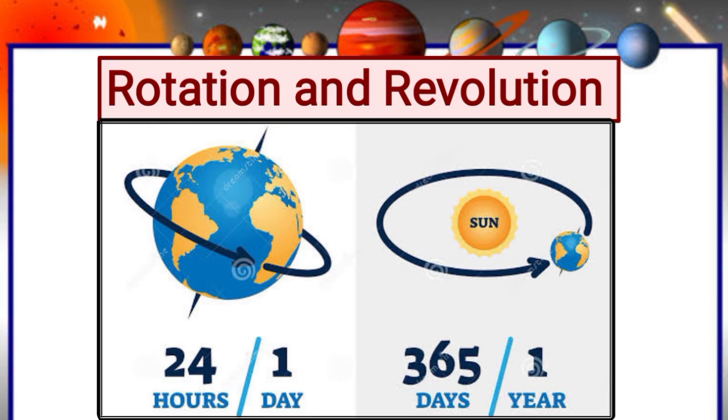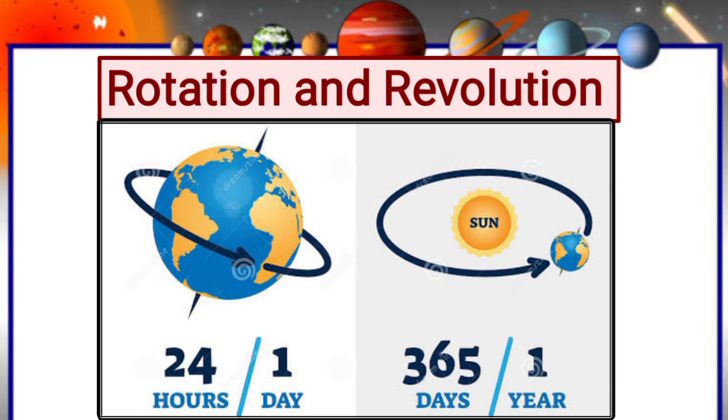Now, let's understand what is revolution. Revolution is often used as a synonym for rotation. But in many fields of science like astronomy and related subjects, revolution is referred to as an orbital revolution.